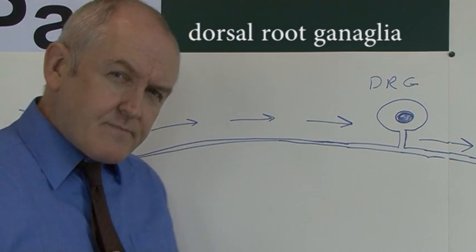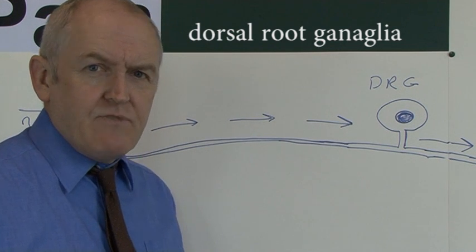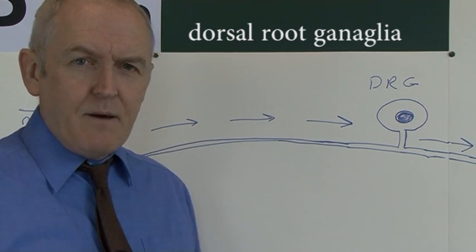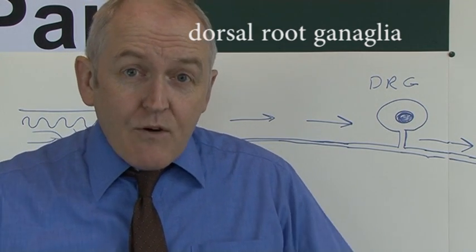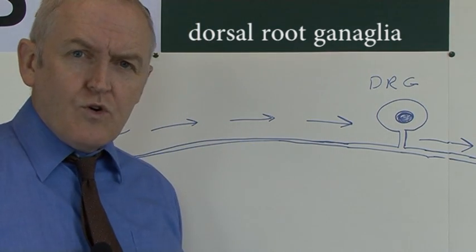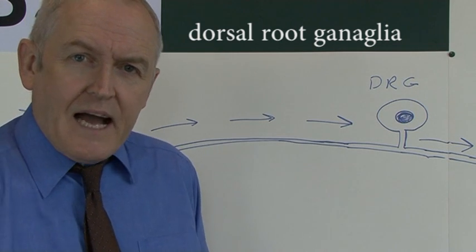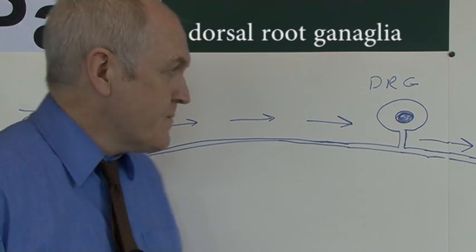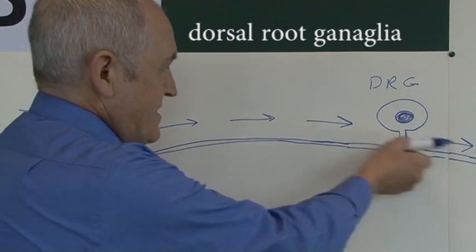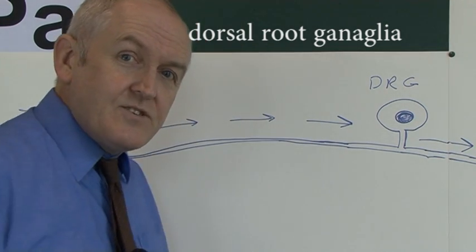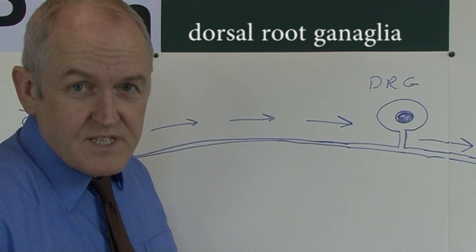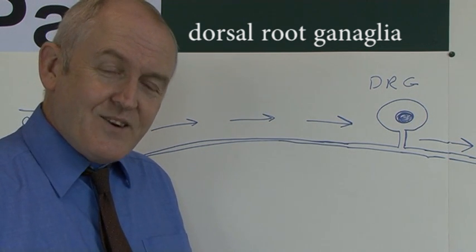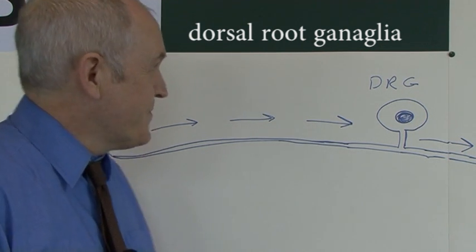So remember, all sensory impulses go in the back of the spinal cord, and all motor ones come out the front. So it's always in the back door, out the front door. That's the way it works. So these are afferent sensories, so they're going in the back. The efferent motor are going to go out of the front.